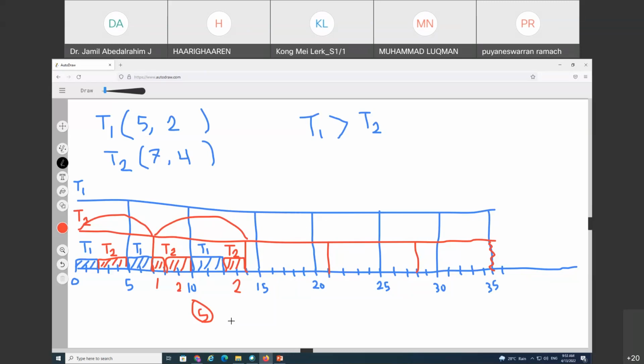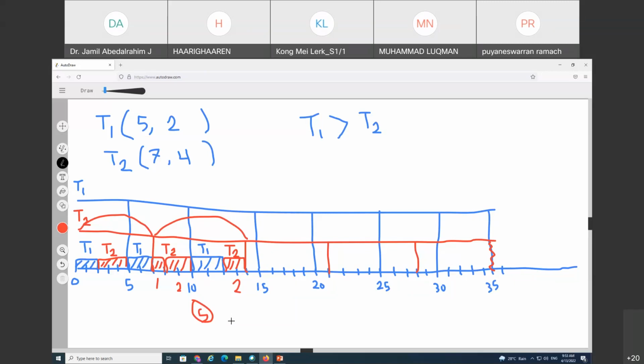Because at the end of the first frame of task 2, we need to consider the priority first, where we need to execute task 1 before we execute task 2. Although task 2 hasn't finished yet, we need to go by priority.